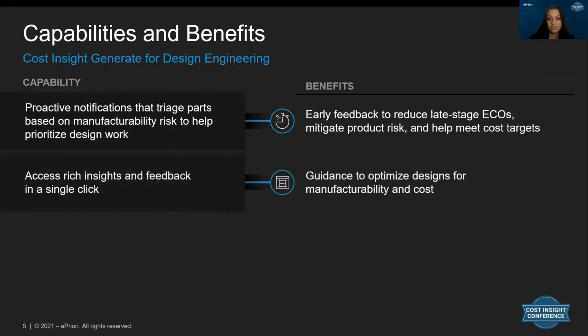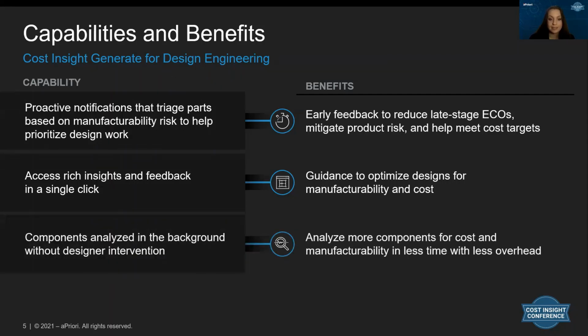Through these notifications and other automated analysis results, designers using Cost Insight Generate can dive deeper into the analysis of a component in a single click. Beyond early visibility into cost and manufacturability, beyond the identification of design issues and cost drivers, through that single click, design engineers can access aPriori guidance to understand how to remediate issues and optimize their designs.